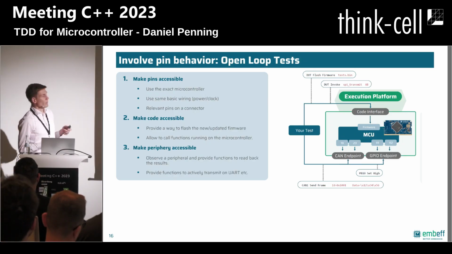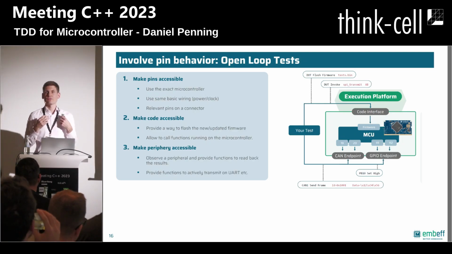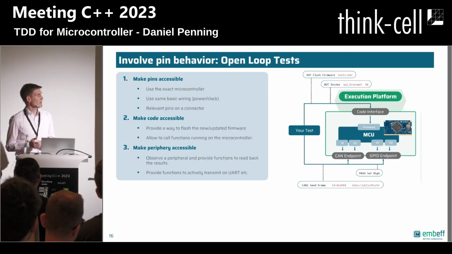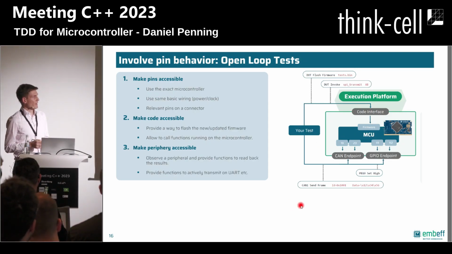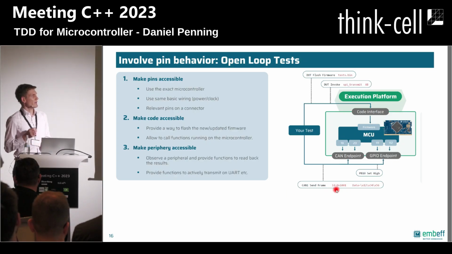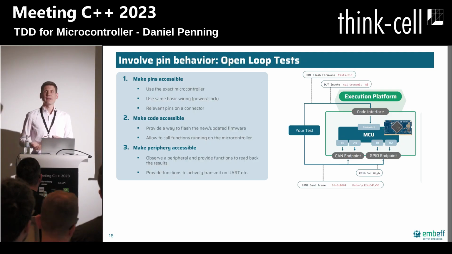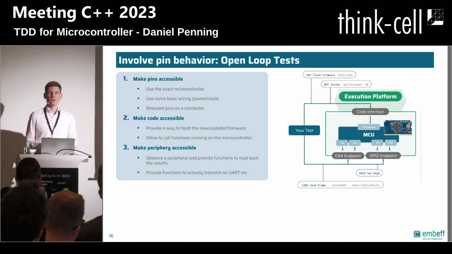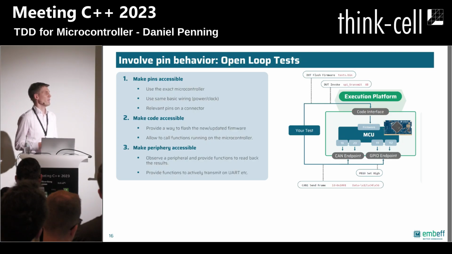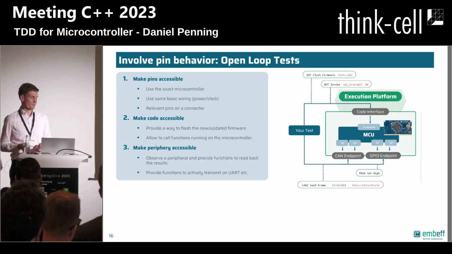And the third and most important one is you have to make your periphery accessible, so that you can, for example, write a test that sends a CAN frame on the pins, so that you have a test system that can be configured, that you can send frames on the pin level, or send SPI commands, or I2C, or all the other hardware periphery stuff. There are a lot of protocols out there, but on the pin level, not in some simulation.